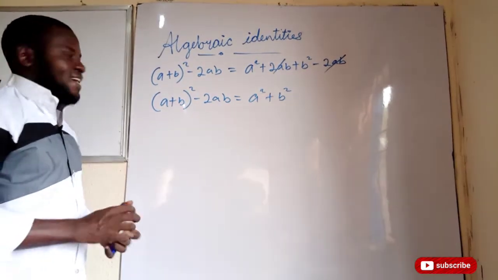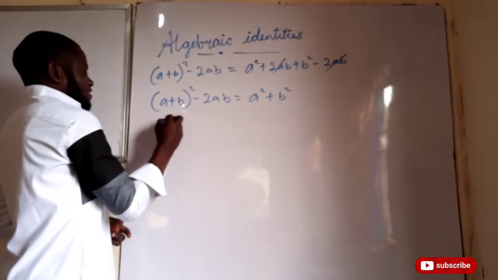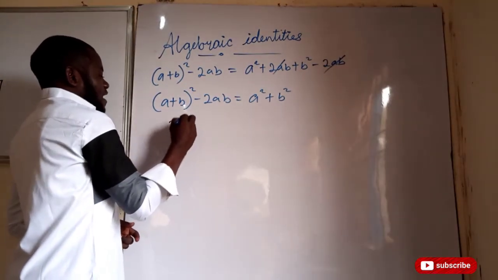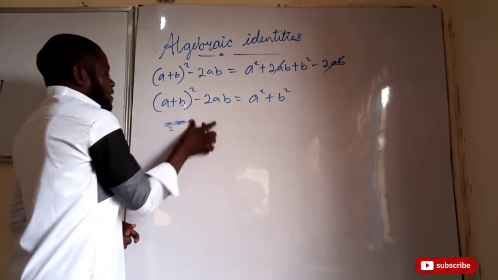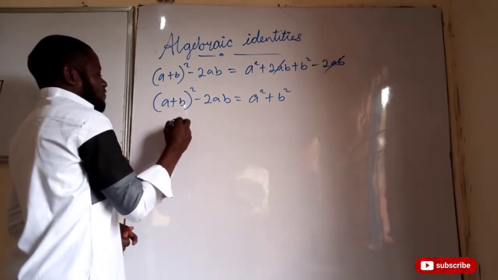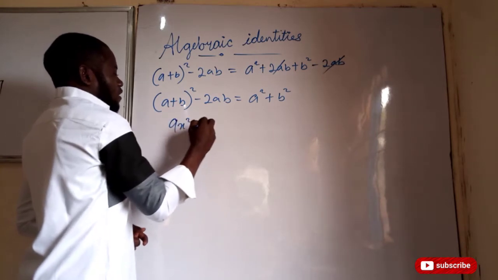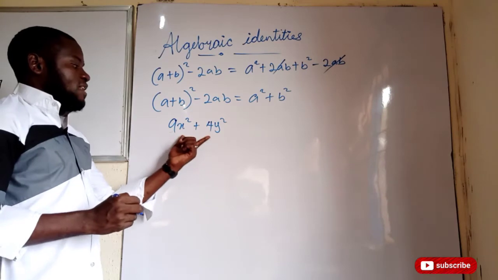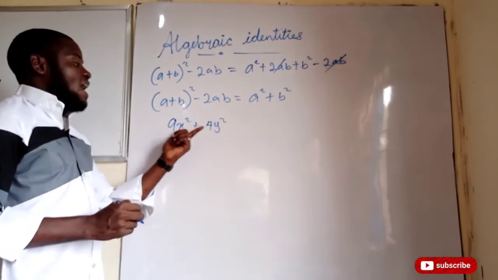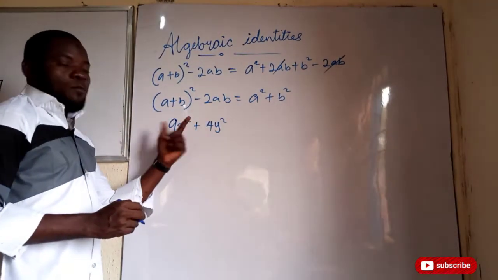Okay, let's take an example on this as well. Let's say I have 9x² + 4y². If I have this, do you believe that this is also the same thing as what? As sum of two square?